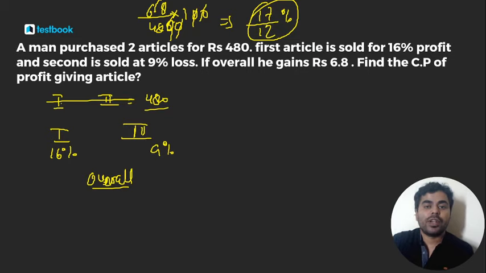Okay, 17 by 12, now I am putting here 17 by 12%. Since here there was a loss, I must write -9 because there was loss on the second item. So the first item was 16% profit, the second item was 9% loss, and overall is 17 by 12% profit.